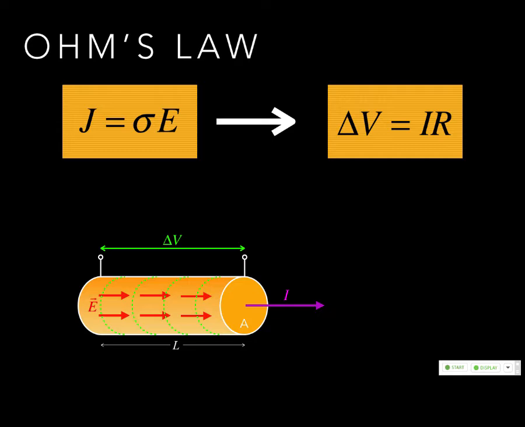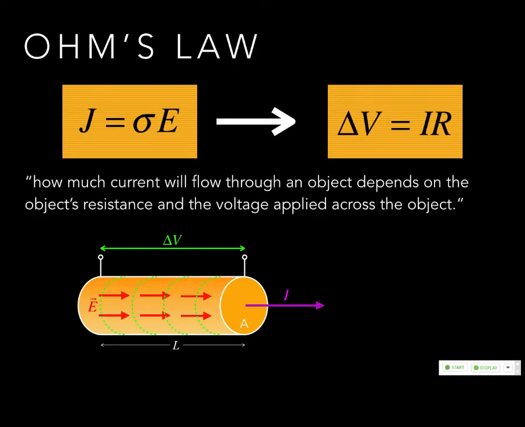Okay? You can see the I is going to come from the current density. You can get delta V a little bit from the electric field. There's some derivation where we plug in resistivity and we figure that out, but this basically comes from that. And this is conceptually useful, but this is much more practically useful because what do we measure?